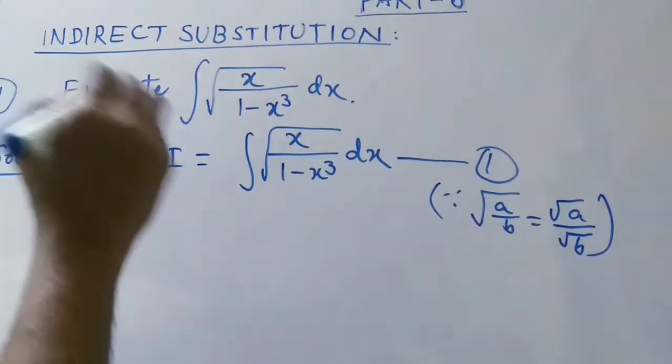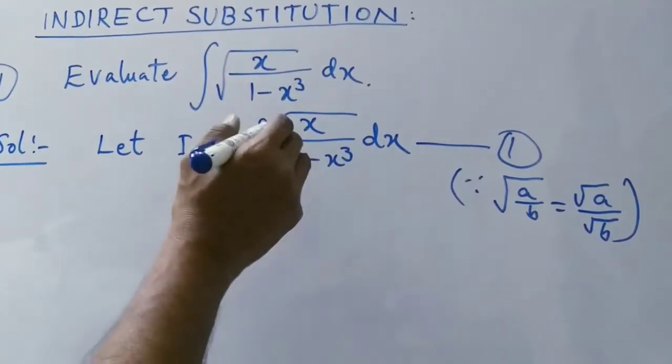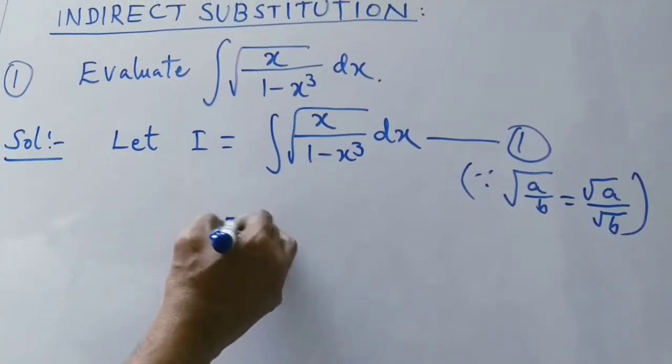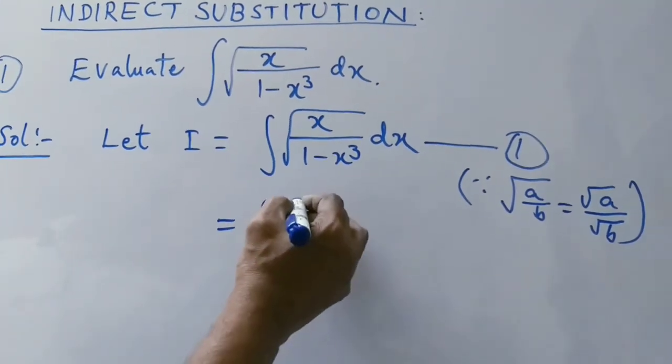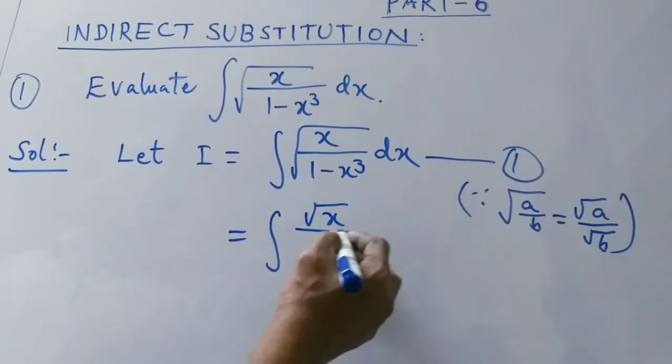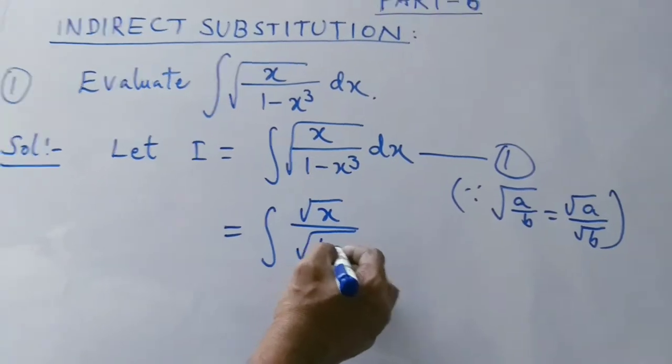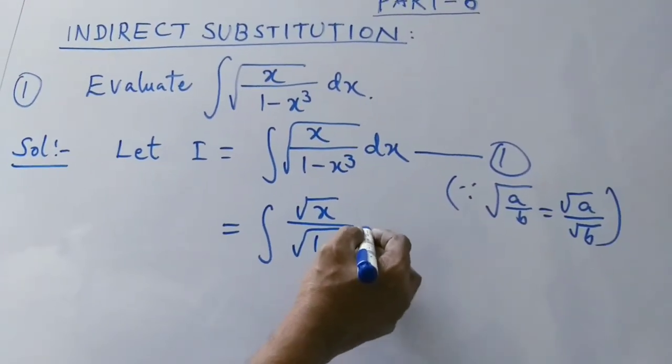According to this, we separate the numerator and denominator: integral of root x by square root of 1 minus x cube dx.